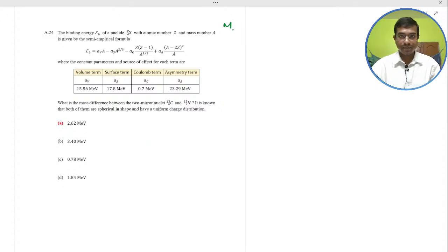The mass, that is what? Z Mp plus N Mn minus the binding energy by c square. This is the mass. And the binding energy, this is what?